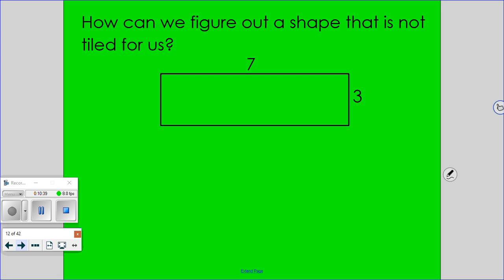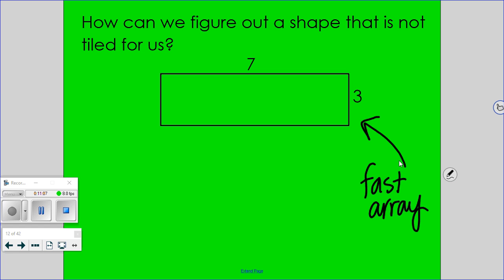This is like a fast array. How is that like a fast array? Aiden? Because the 3's on the side, and the 7's on the top, and usually the array goes like an upside down F. Yes.